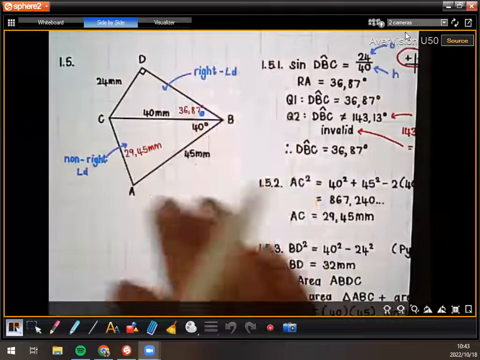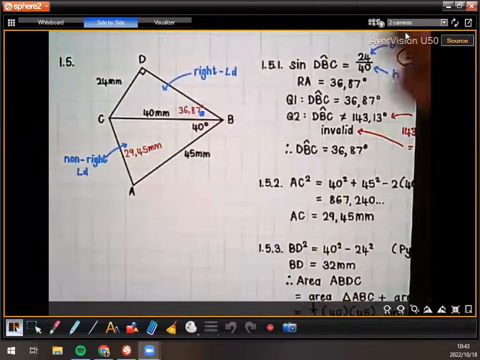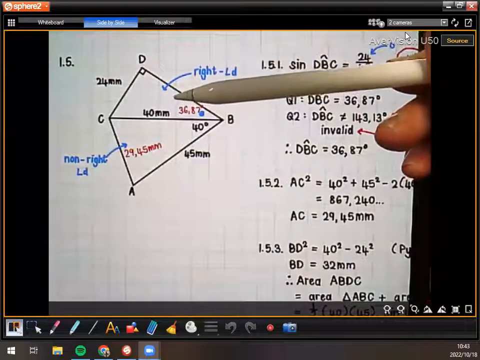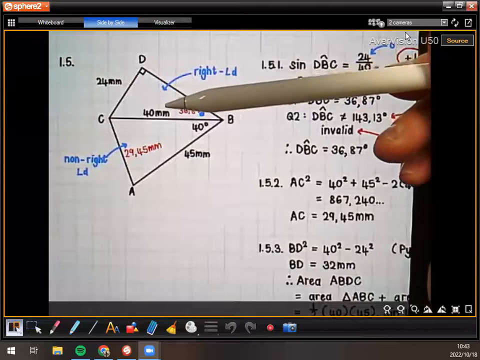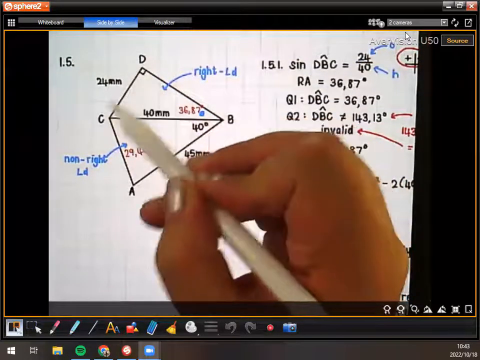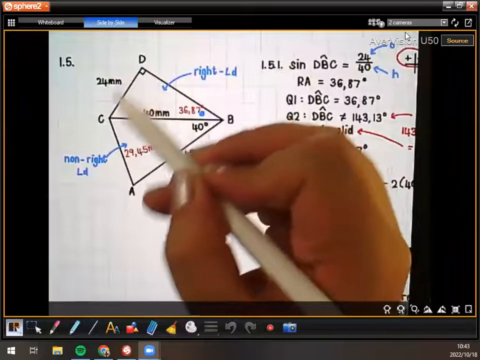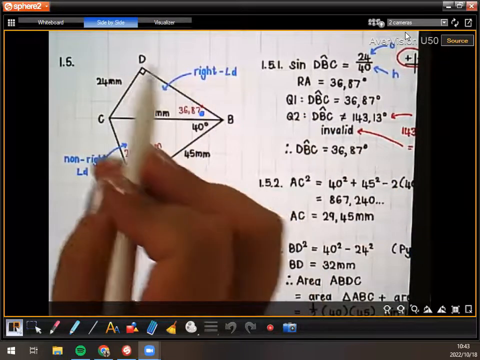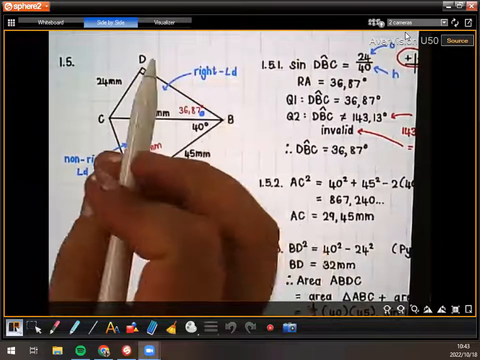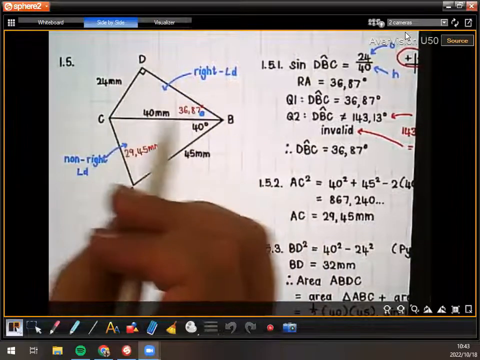If we have to find the area of this whole shape, we have a right angle triangle. What's the area of a right angle triangle? Half base times perpendicular height. So we need CB, which we can say is the base or the height, it doesn't really matter. And then you need the side that's perpendicular to it. So we need BD in order to find this area.